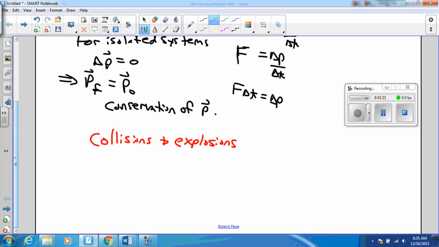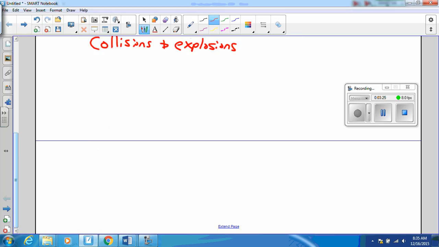And so we took our collisions and explosions, and we classified them according to 2 characteristics. First of all, do the objects stick or bounce? If they stick, what type of collision are we dealing with? Totally inelastic, right?